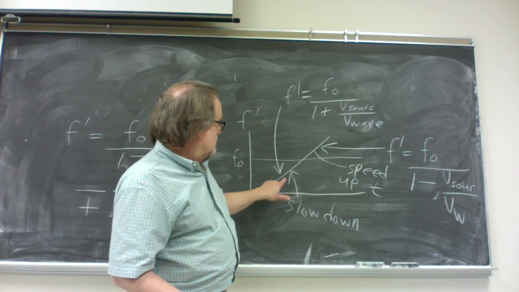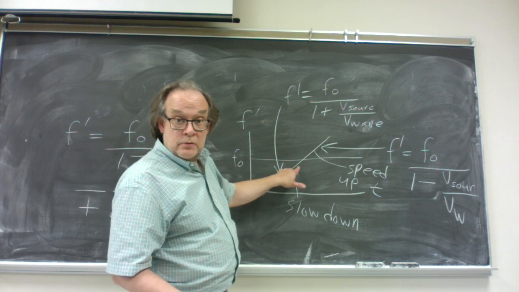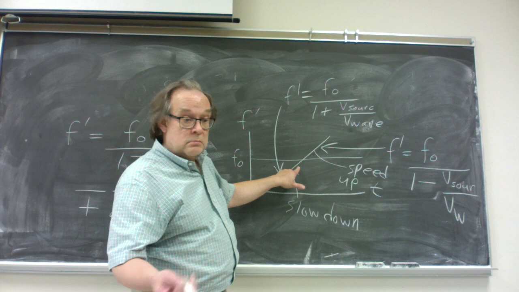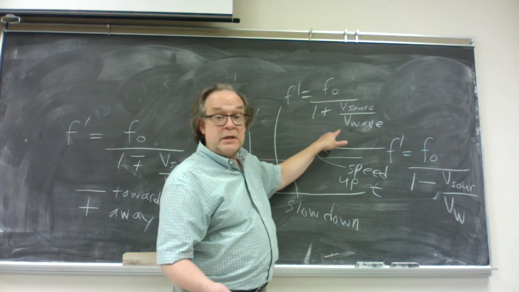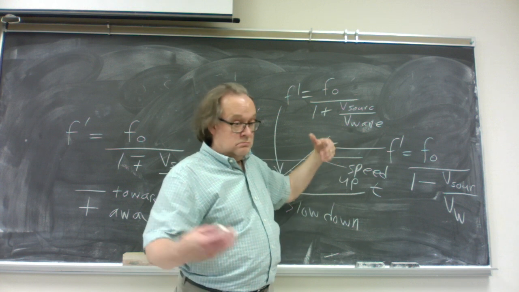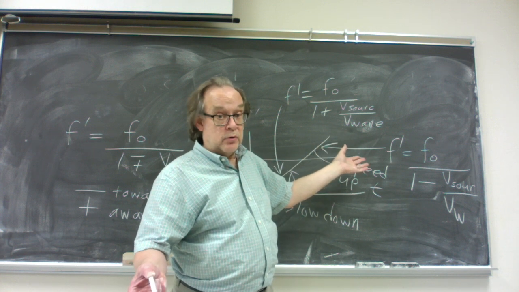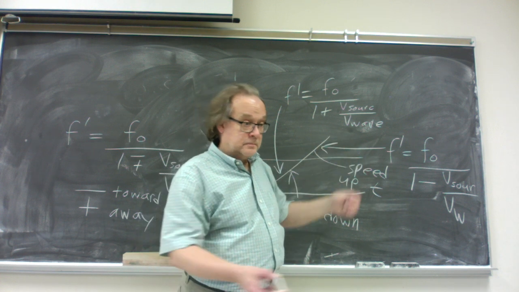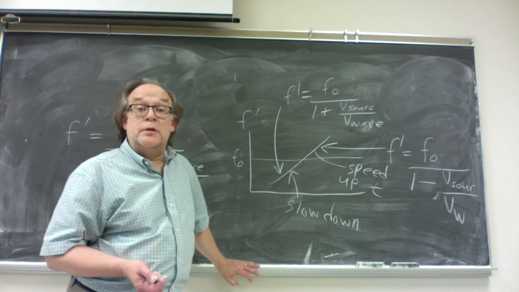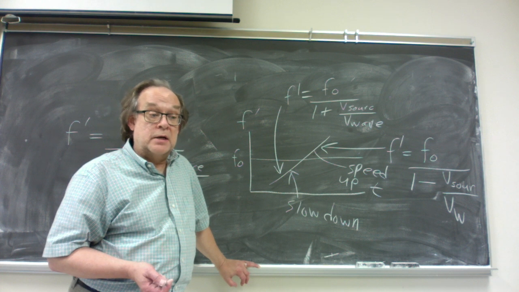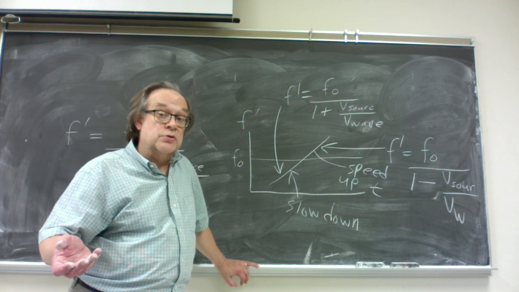Less and less speed of the source, less and less of a Doppler effect. More and more speed for the source, more and more of a Doppler effect. You could say the magnitude of the Doppler effect depends on the magnitude of the source's velocity.